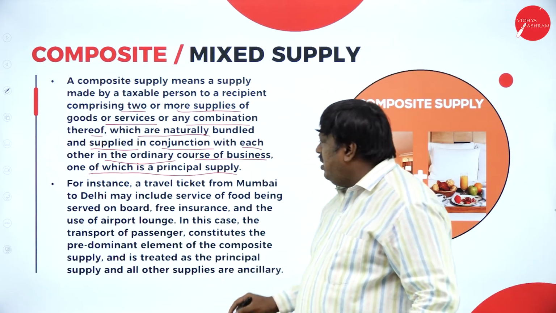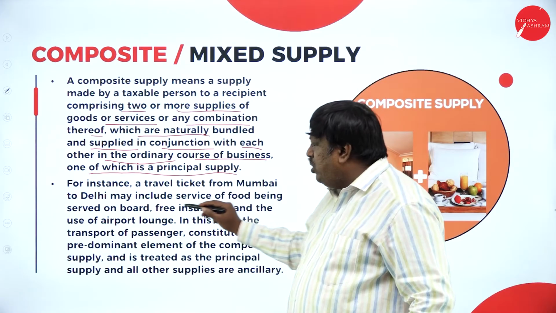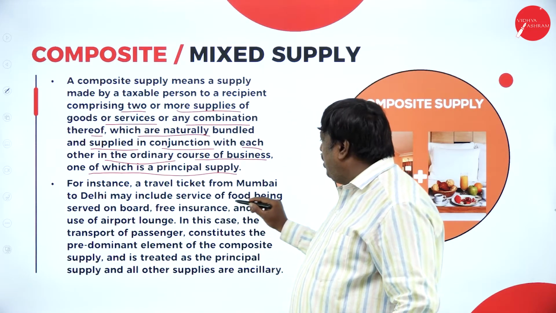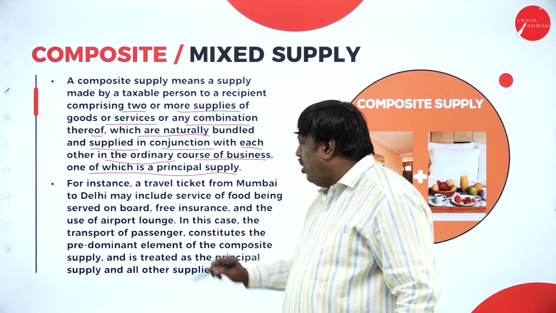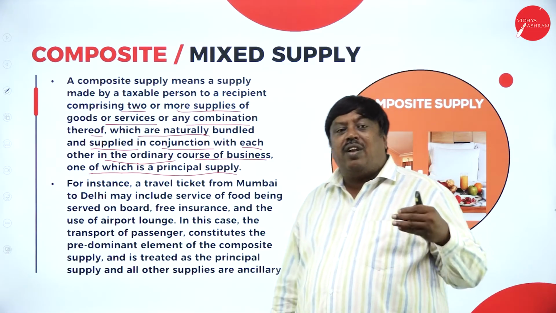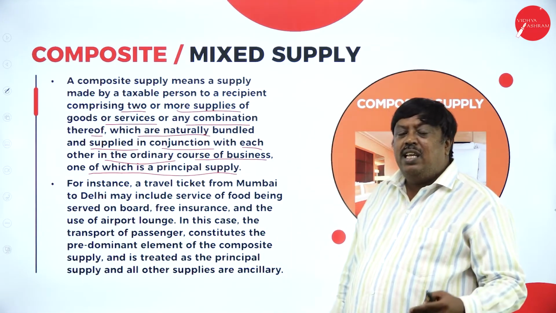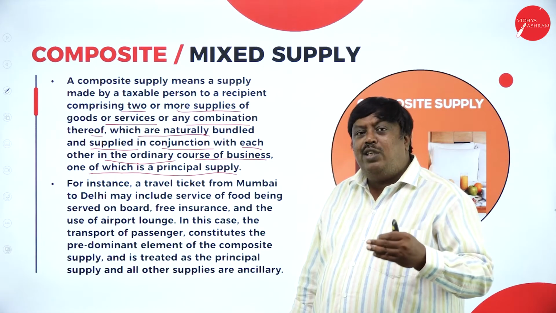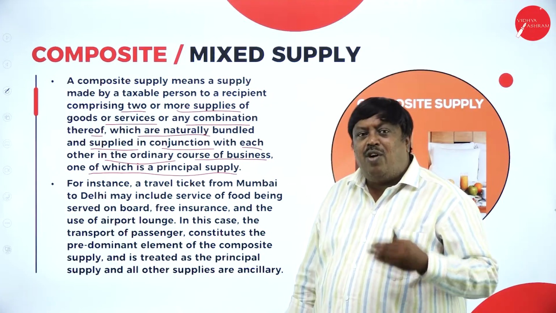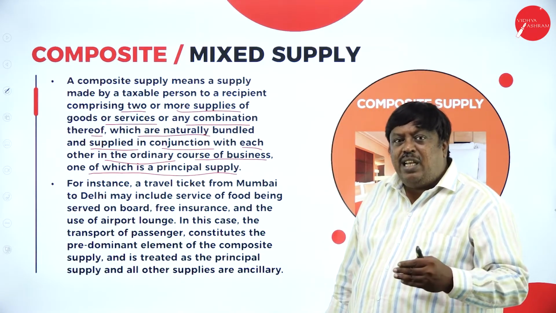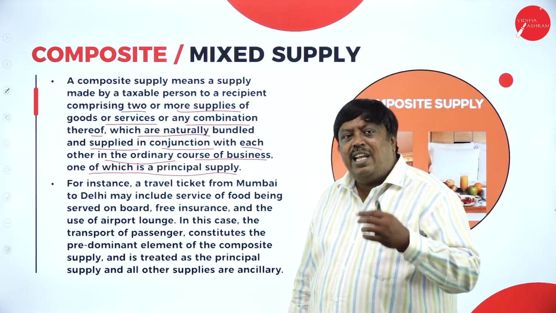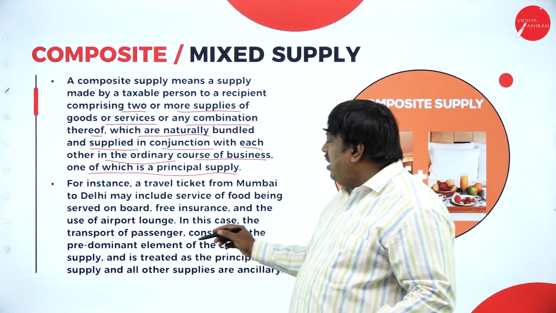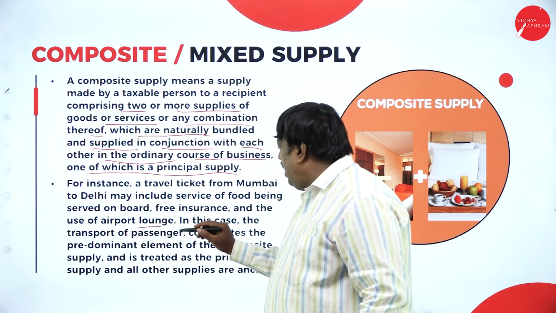For instance, a travel ticket from Mumbai to Delhi may include service of food being served on board. When we are traveling from one place to another, the ticket amount we have paid for the travel includes free food, free insurance and use of airport lounge.